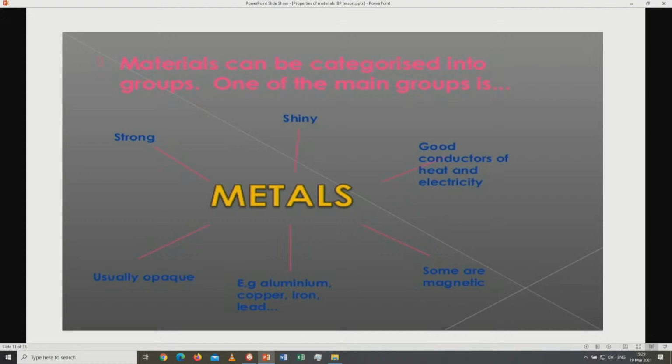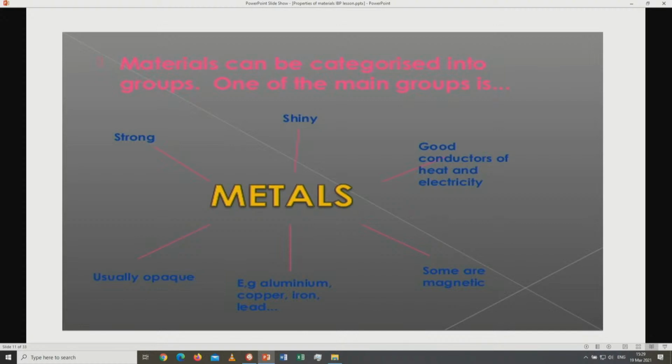Now here, materials can be categorized into a main group, which is metals. So metals are strong. That's one of the things that you must know. Metals shine.